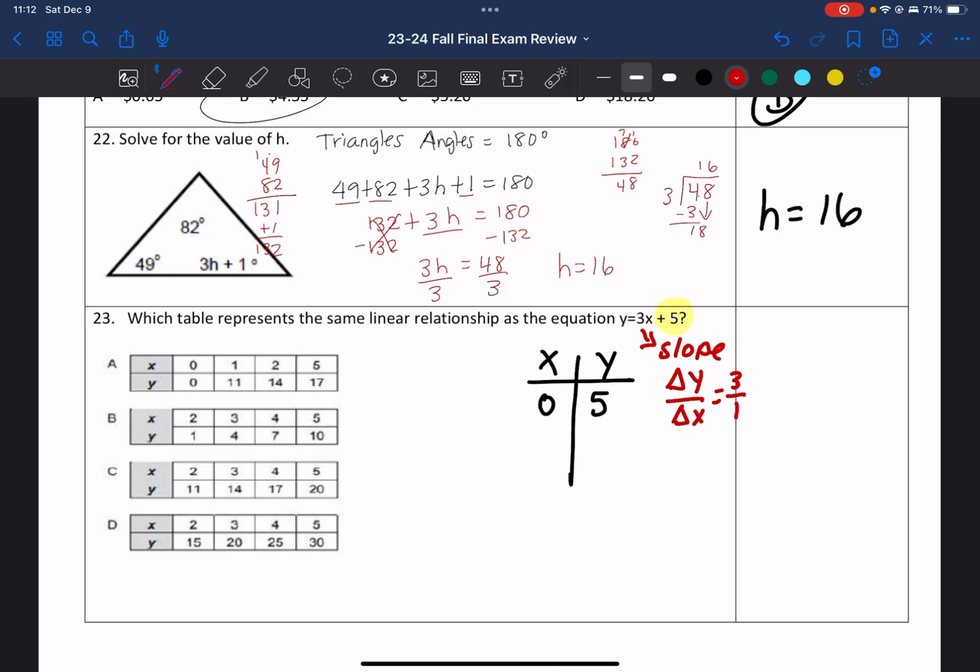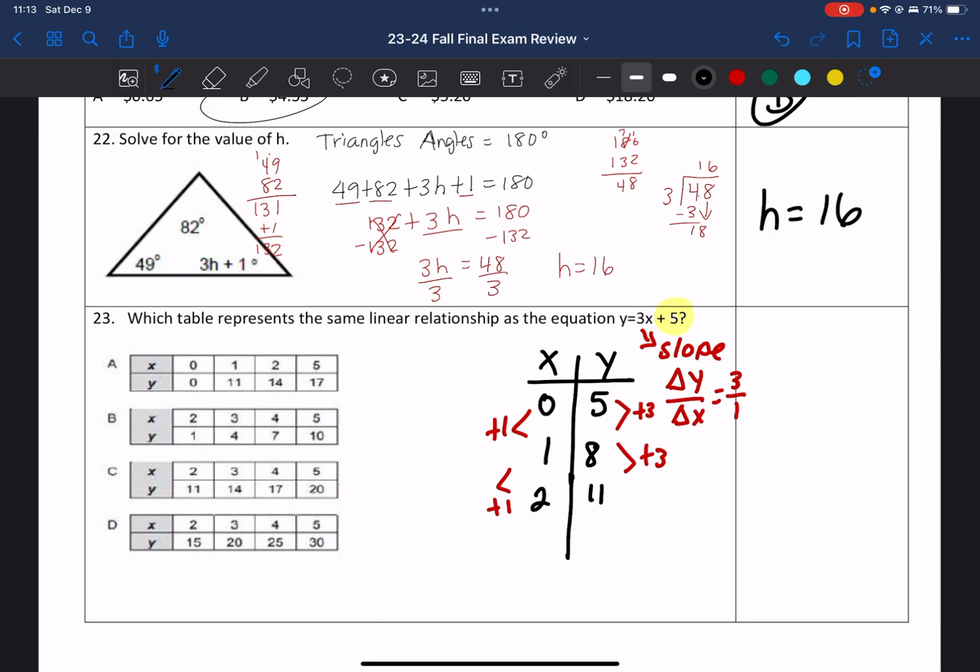Okay, so here, if I do plus 3, that would be 5, 6, 7, 8 here. And if I do plus 1 over here, that is going to be 1. Okay, let's do a couple more. So 8 plus 3, that would be 11. Plus 1, that would be 2.